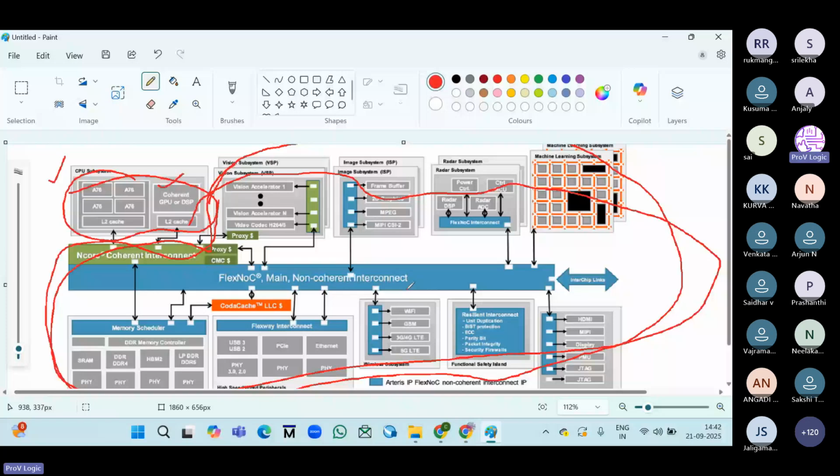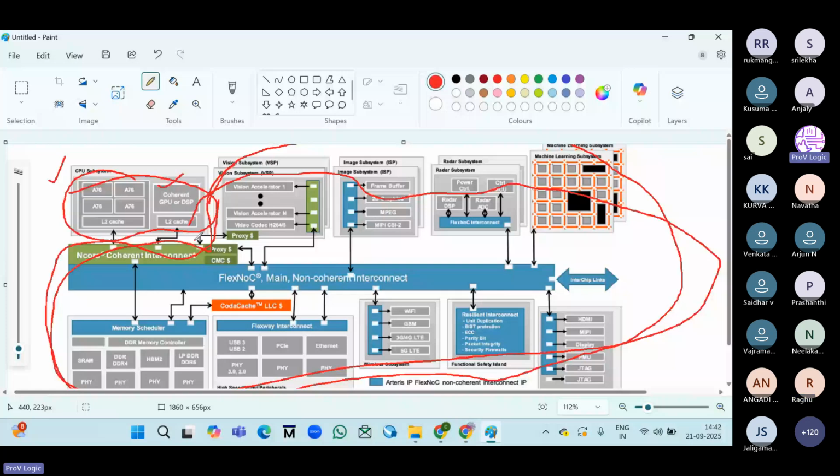Any other doubts remaining? Yeah, ma'am, it's clear. Ma'am, you're saying SOC, right? On an SOC, first there is a processor and some other blocks.